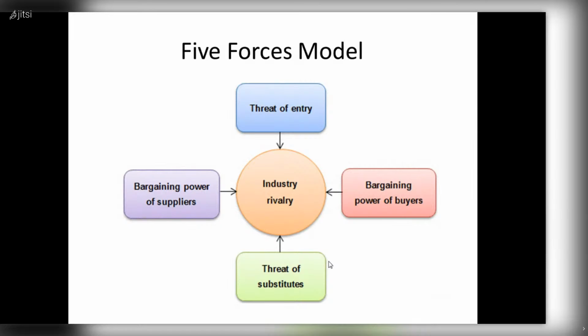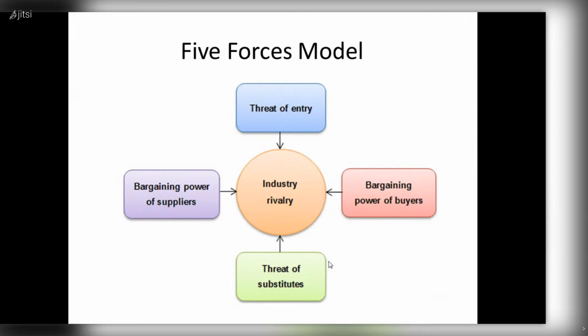The tool is very useful in formulating a firm's strategy as it reveals how powerful each of the five key forces is in a particular industry. Let me discuss them one by one.